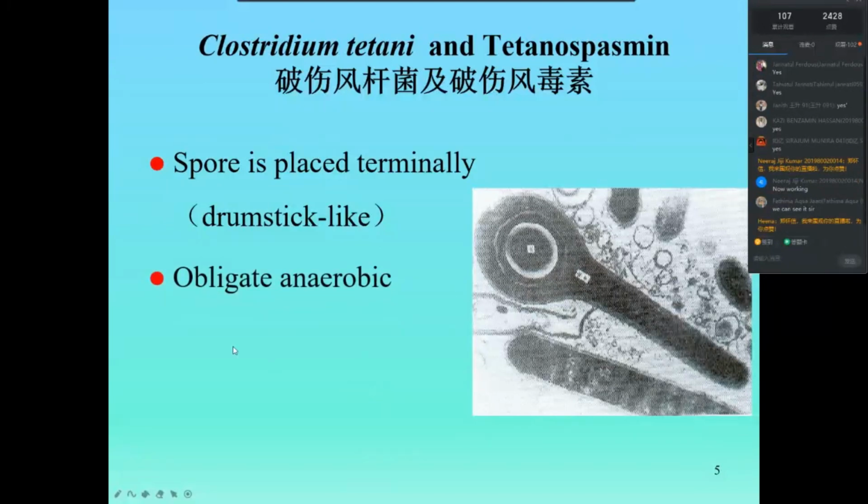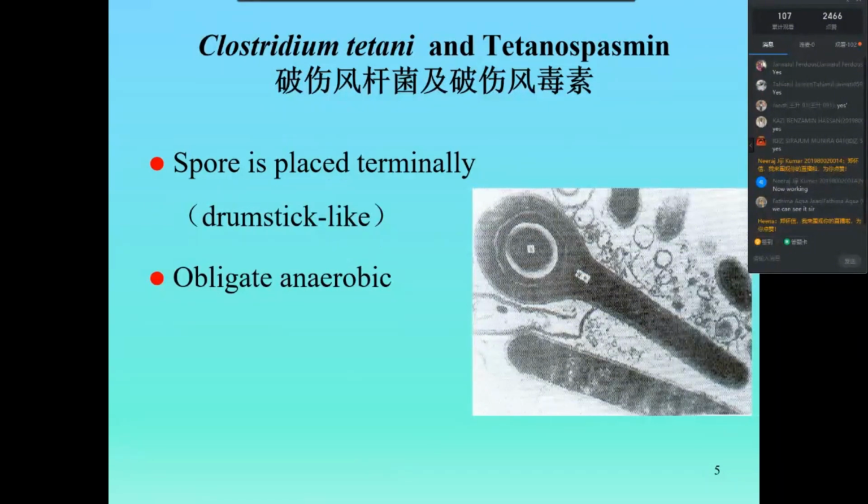They are obligate anaerobic bacteria. That means they don't like oxygen; they only prefer the condition without oxygen. That is why Clostridium infection only happens in the deep tissue of our body. They don't cause infection on the epidermis, on the surface of our skin.